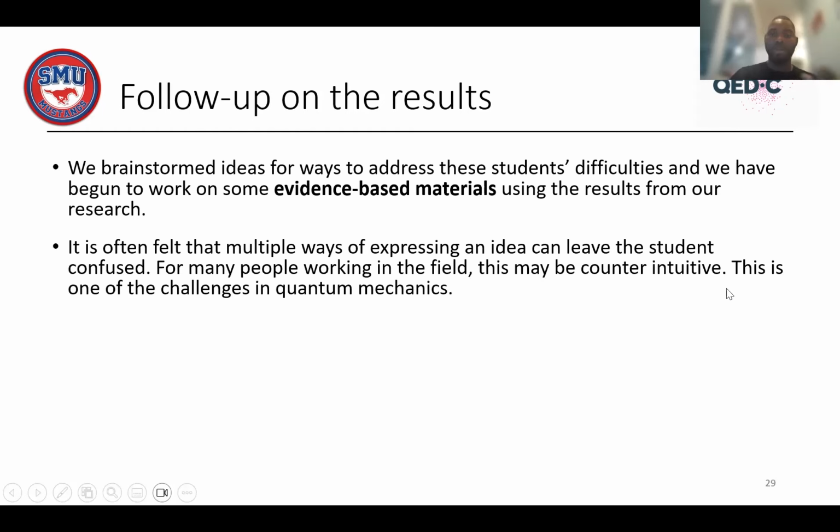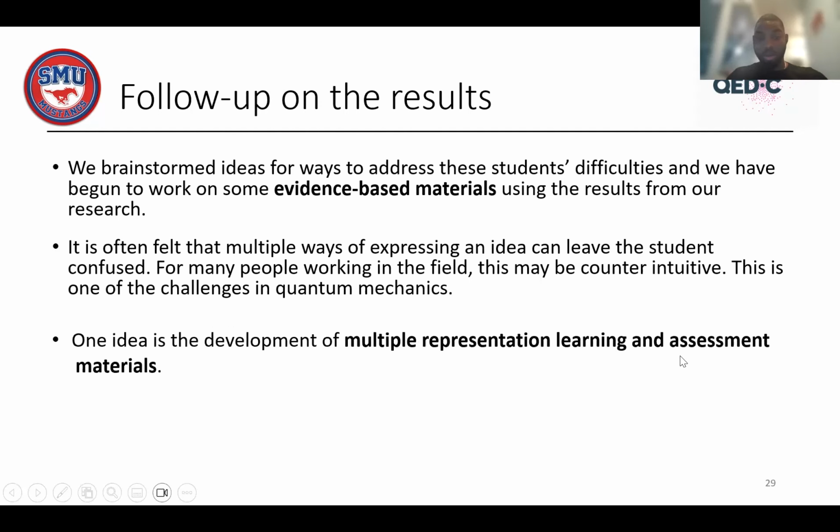For a follow-up, we are working on some evidence-based material on how to help students improve the learning of quantum computing. This initiative is what we call multiple representation learning and assessment material. The idea is to walk students through their difficulties using their strengths.